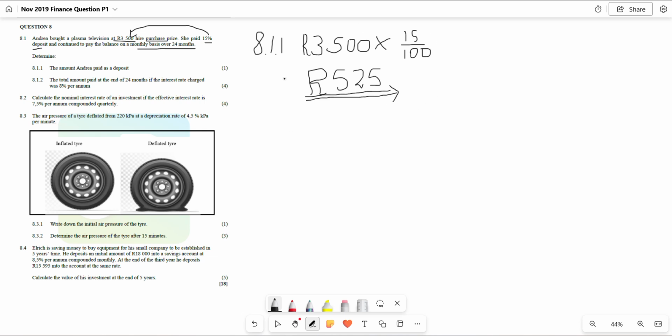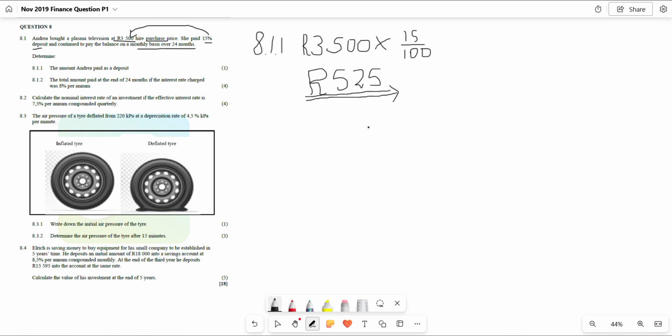This is how you convert the deposit percentage to rands: you take the cost of the item in rands, multiply it by the percentage paid as a deposit, then divide by 100.